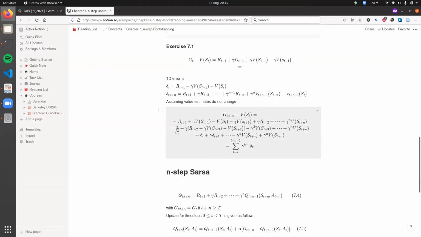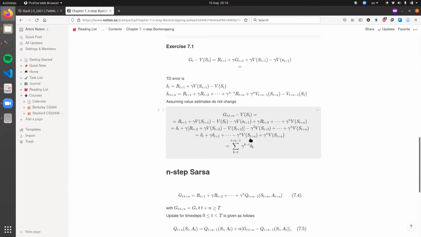Here it's written as delta sub t, and then we can recursively factor out the TD error for each of the time steps. Here you can see that first we factor out the TD error for time step t, then we can factor out the TD error for time step t plus 1, which is here, and it's discounted by factor gamma, and so on.